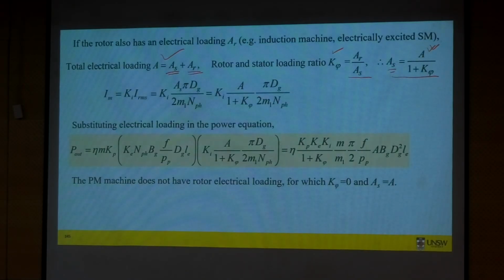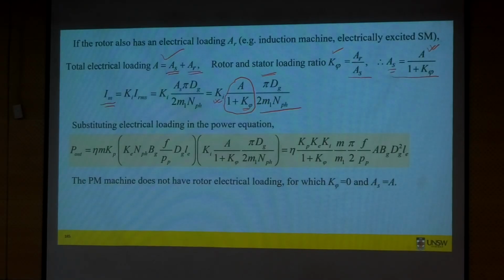So from this relation and this equation, we can find the relation between stator current loading and total current loading. In general, that means the current Im can be expressed as Ki, the current waveform factor, in terms of total current loading, and the factor K phi, multiplied by the length, phases and turns.